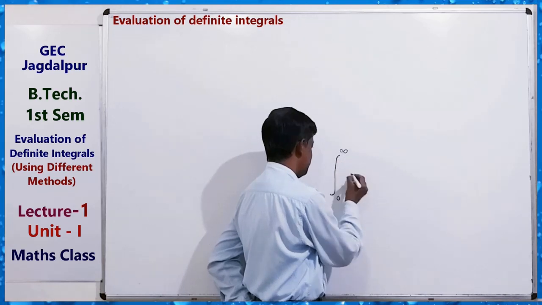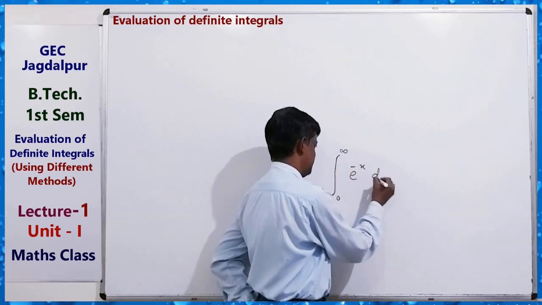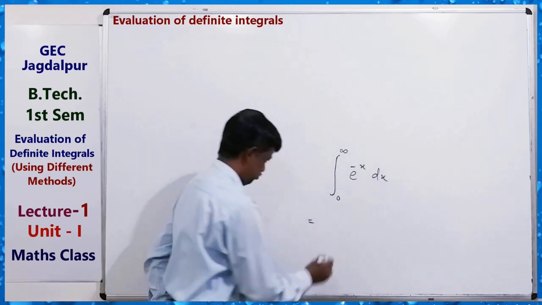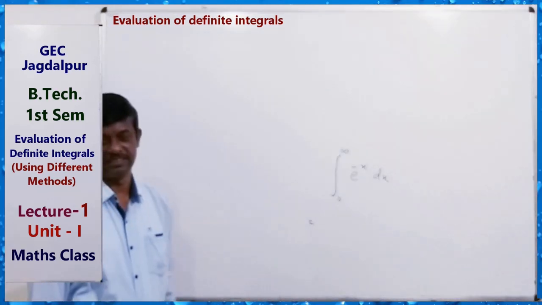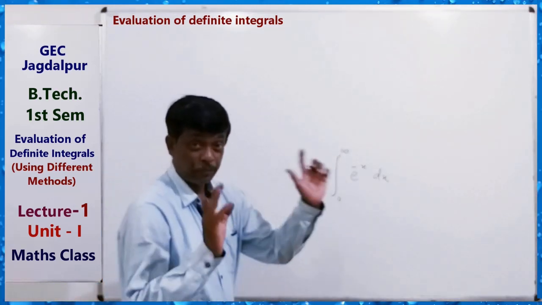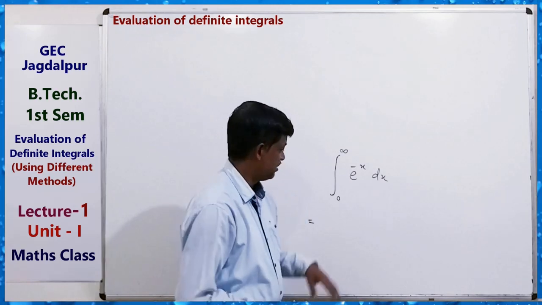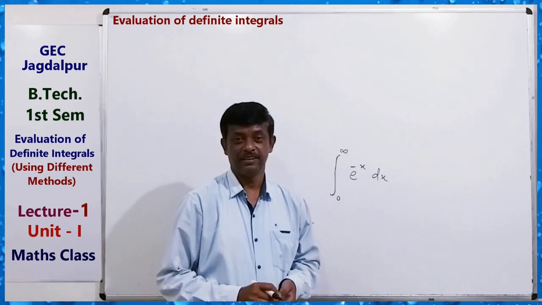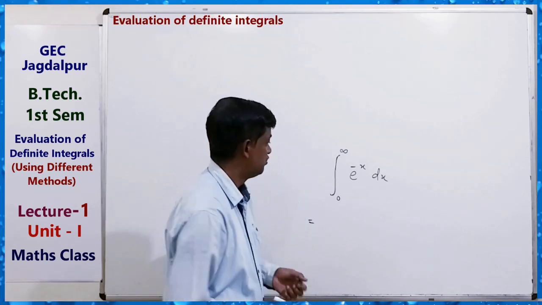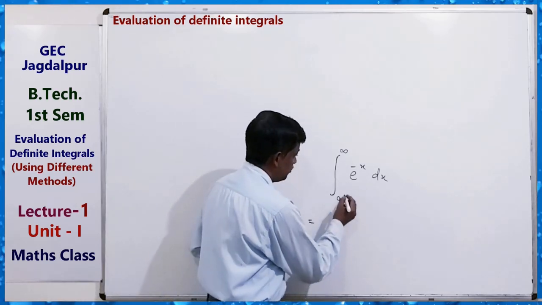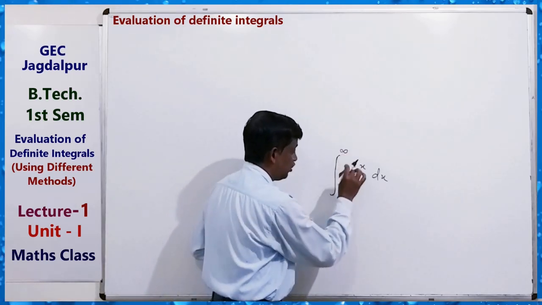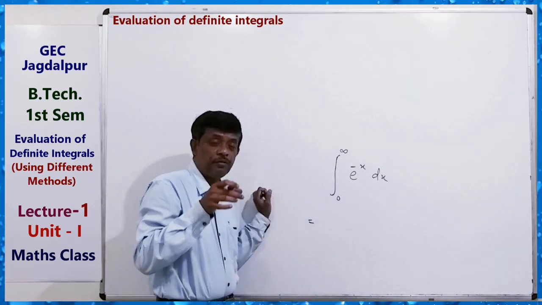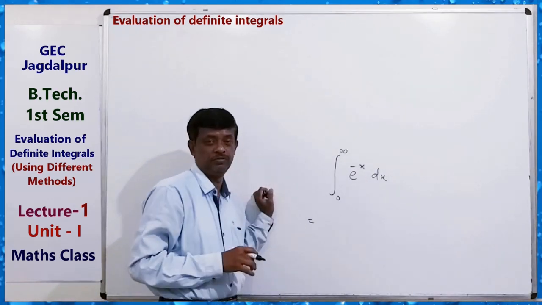Okay, e to the power minus x dx. I think all of you can solve this. Whenever the limit is infinity, you cannot put infinity as a value.